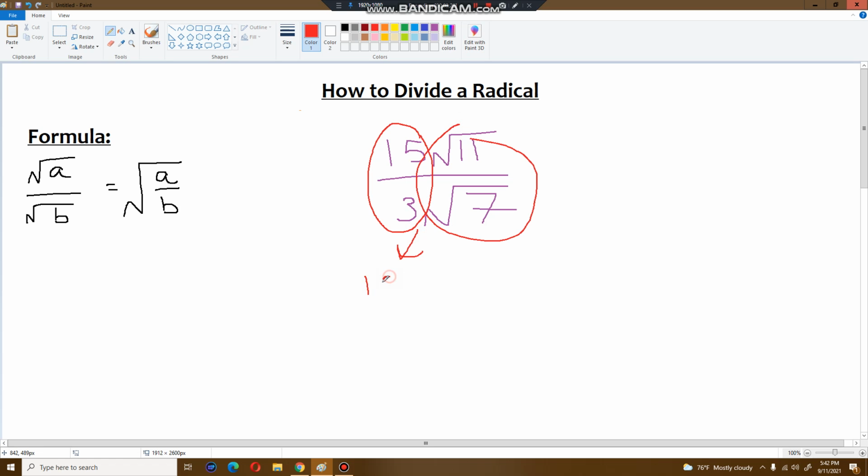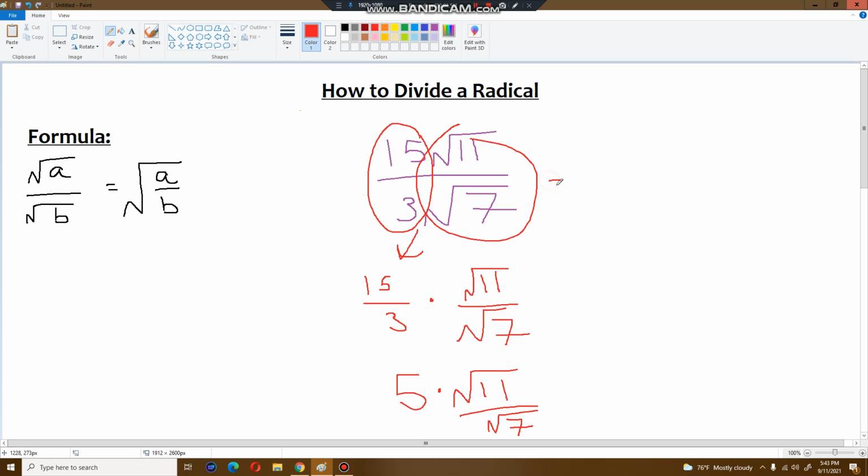The 15 divided by 3 will go on one side, and the radical 11 over radical 7 will go on the other side. 15 divided by 3 is 5. And radical 11 divided by radical 7, I can't do anything with either of them, so I'll just leave them alone. So my final answer will be 5 radical 11 over radical 7.